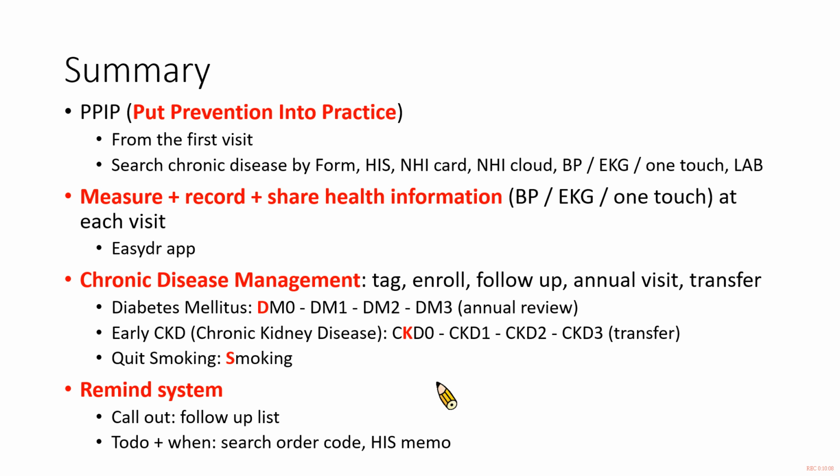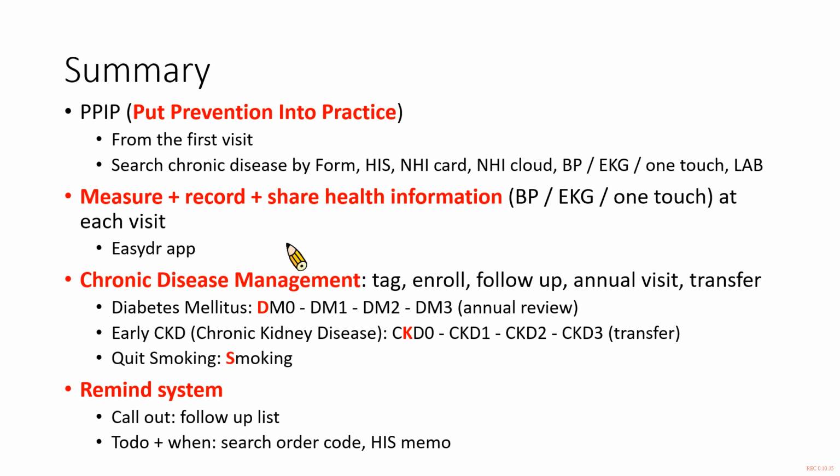Okay, the summary. For prevention into practice, it's easy from the first visit because we search chronic disease by front page, HIS, NHI card, NHI cloud, and the measurement data in the lab.